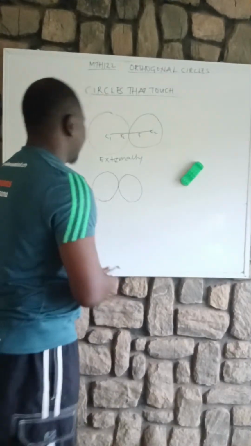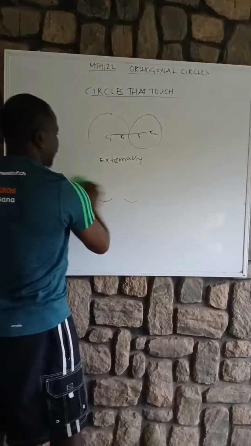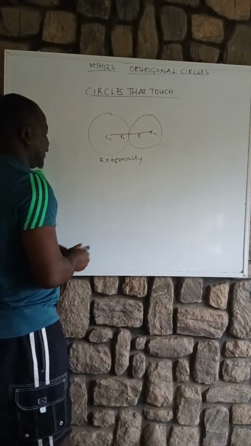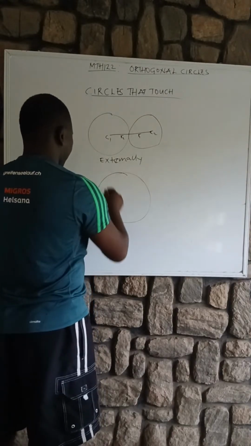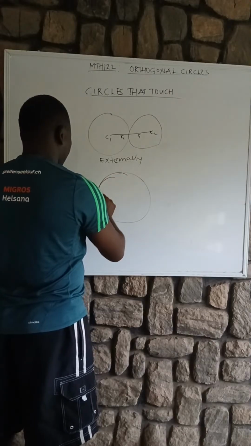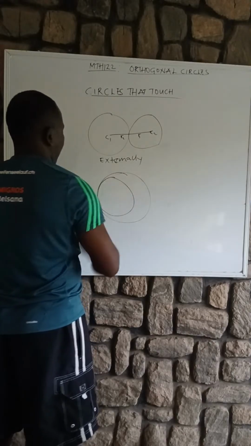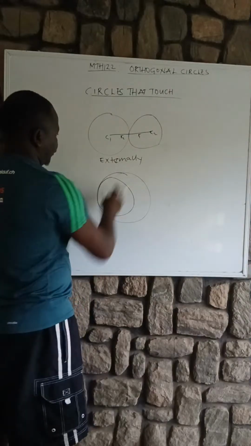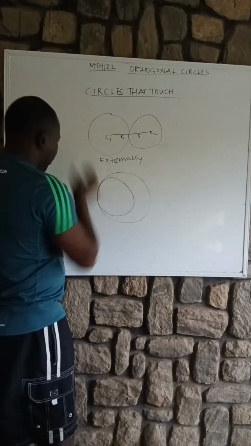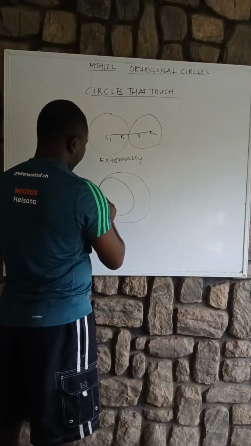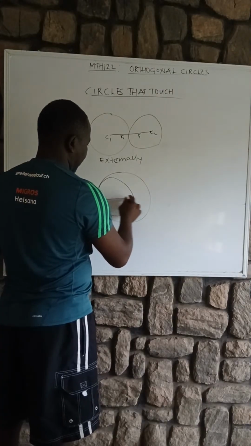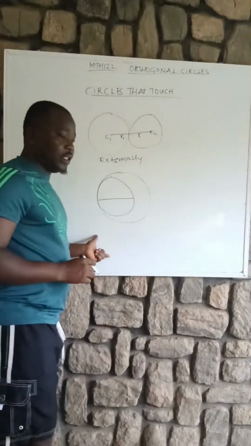Then let's consider circles that are internally touched. Let us have a circle.